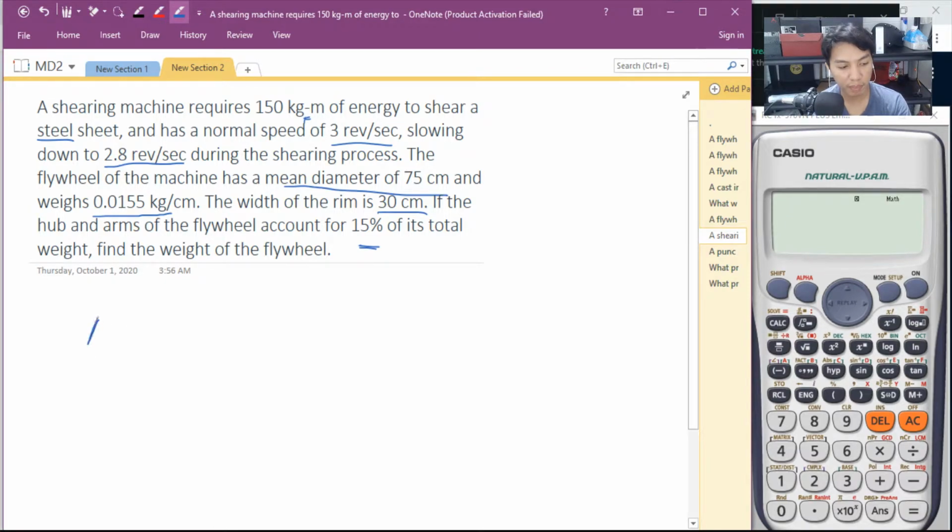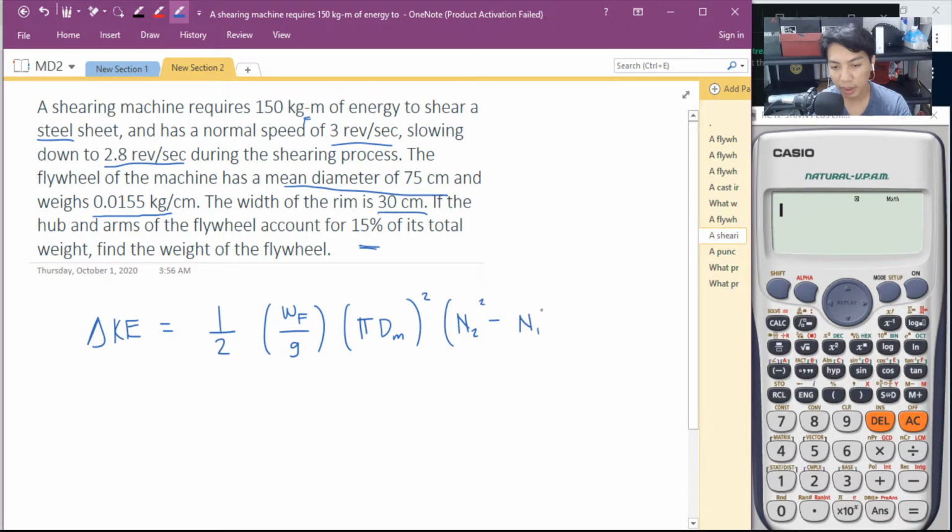So, back to this. Delta KE is equal to 1/2 of the weight of the flywheel divided by g, multiplied by pi d m squared, multiplied by n2 squared minus n1 squared.